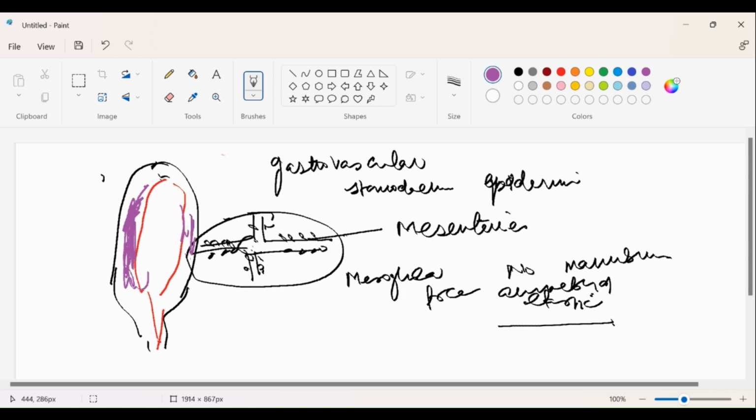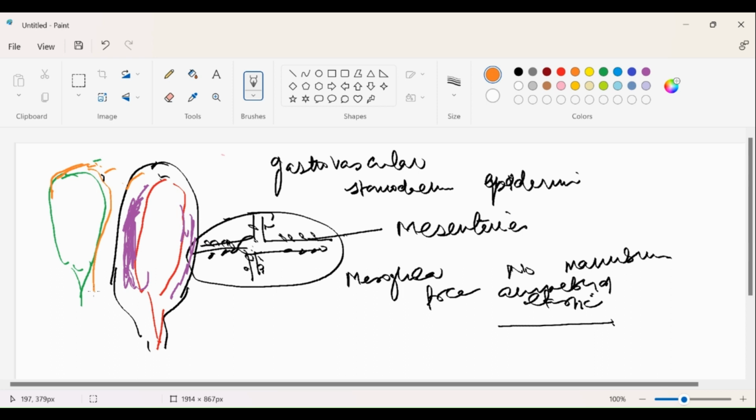So I'll make a similar diagram for the hydrozoan polyp so that you can compare. I'm making another diagram for the hydrozoan polyp, and that will make you understand in a clear way. The distance between the endoderm and the ectoderm is much less.